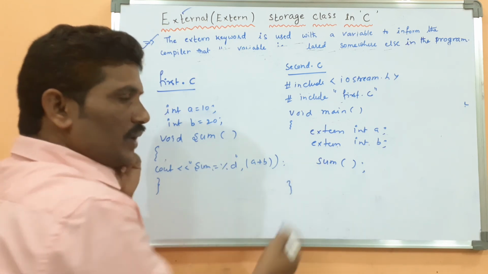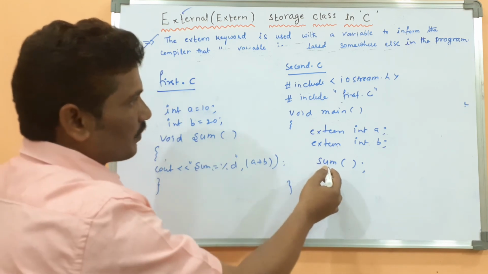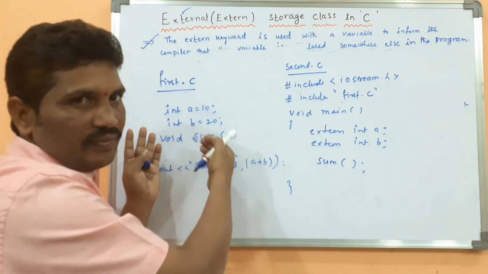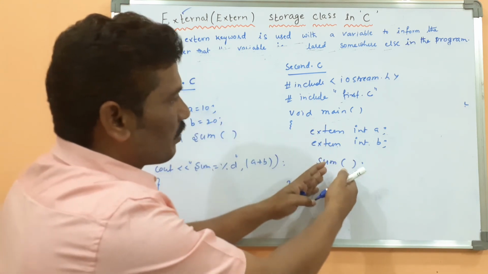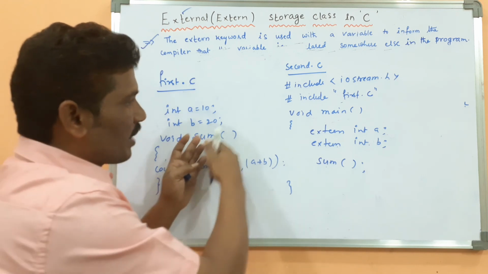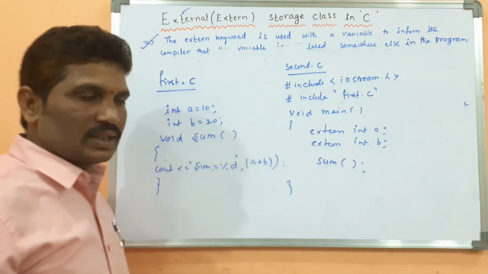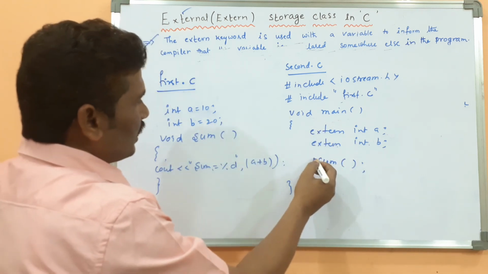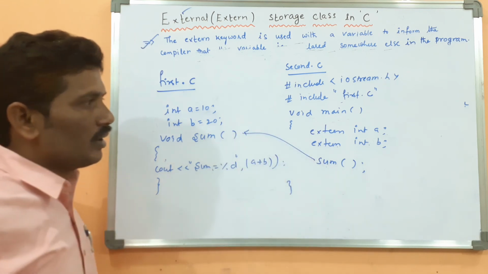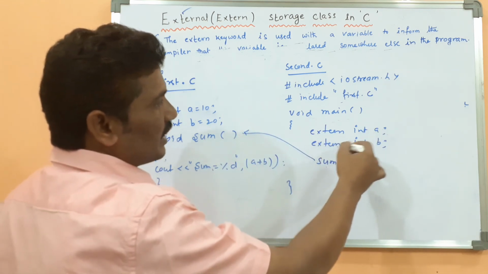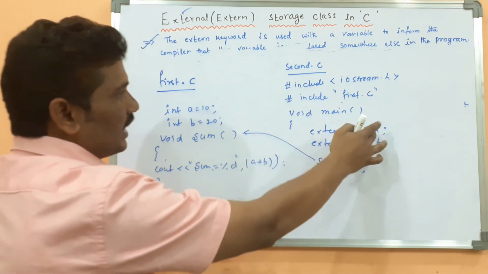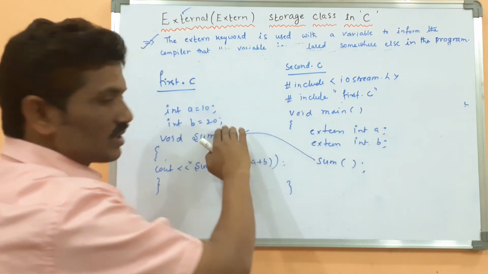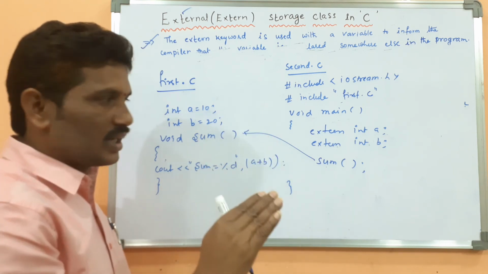But here, whenever you call the sum function, because sum has been defined somewhere, how can it be accessed from another function? Here the sum is being called over here, because we are using the extern int A and B. A has been defined somewhere else, B has been defined somewhere else, so the compiler should not get any error.